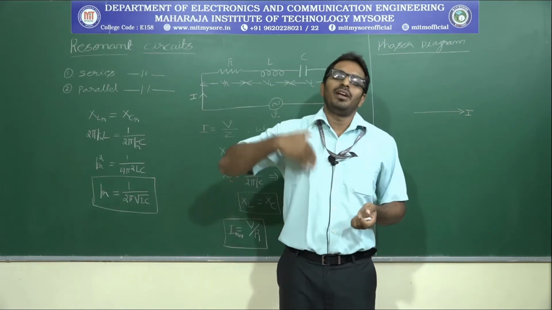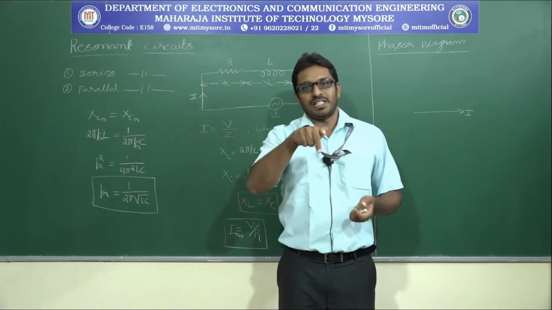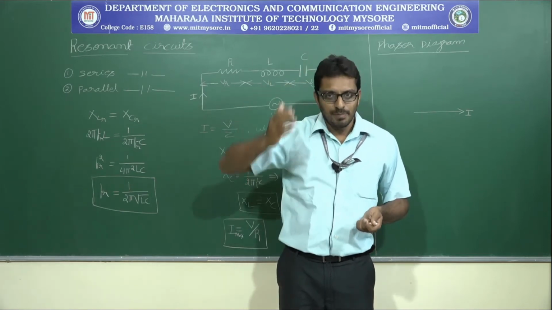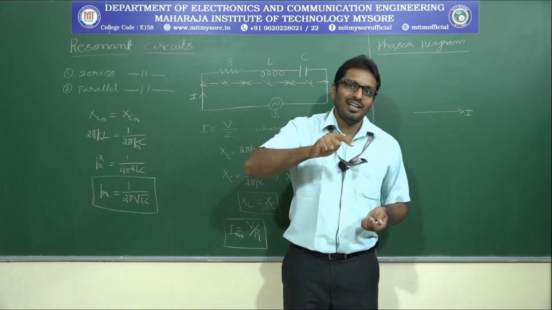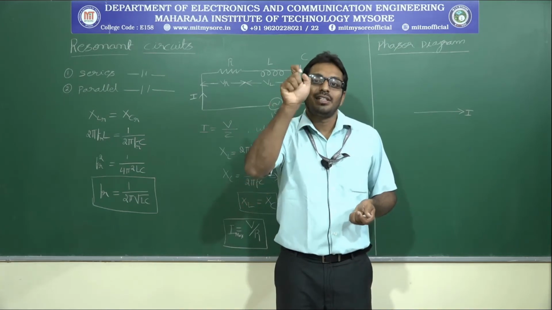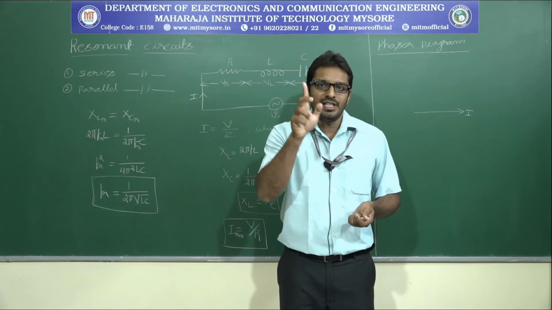We already discussed this in basic electrical engineering. When AC is applied across a pure resistor, both voltage and current are in phase. If you are discussing with respect to waveform, both voltage and current are crossing the reference, I mean the time axis, at the same interval of time. Is it clear? The phase difference is 0.